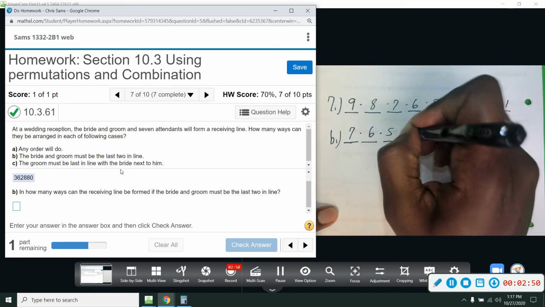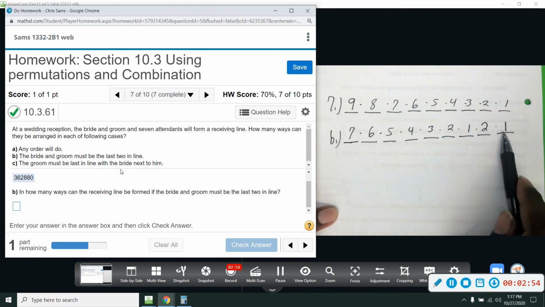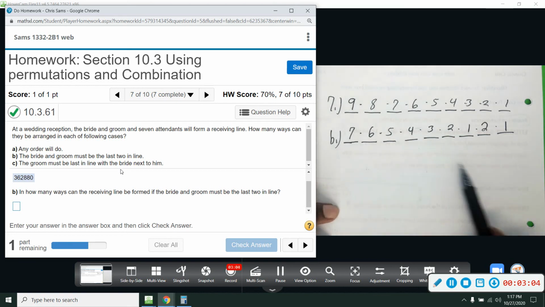So the problem is a little bit different now because we have to put the bride and the groom at the back first. If I put the bride here, groom, or I can put the groom and then the bride. So you got 2 options, and then you have 1. And then the remaining 7 you can put in any order. So we have to do this math, 7 factorial times 2.